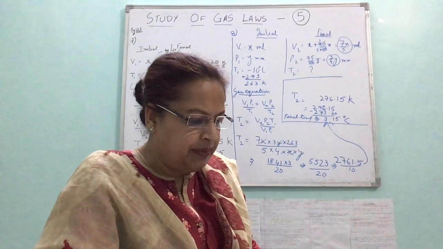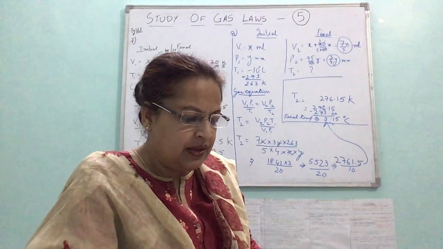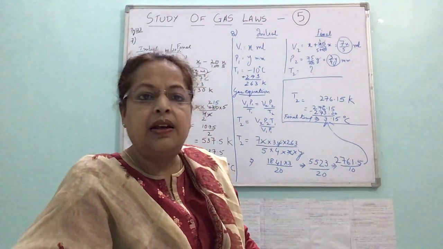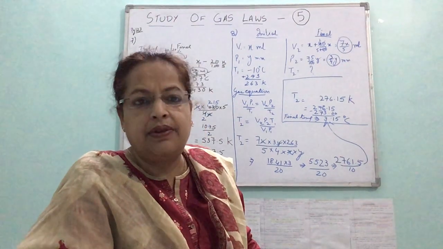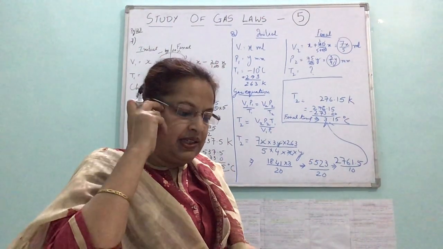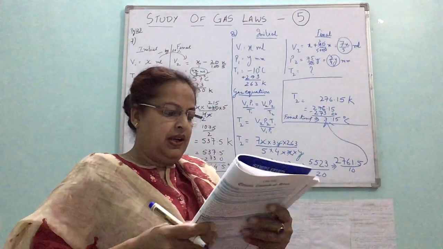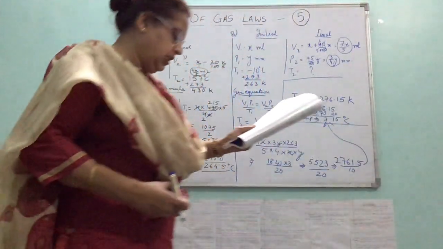I'll take up question number 3, second and fifth, 3 numericals. Let's see, second and fifth, right? So second and fifth, you can mark it. Second and fifth numerical, question number 3 on page 124.